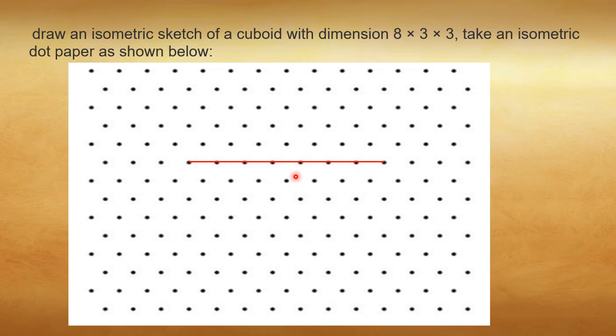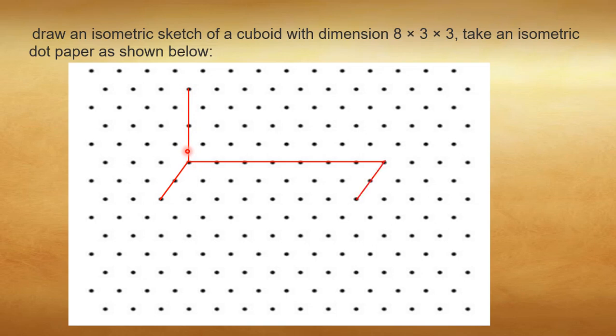That shows the length. Now we will take the 3 dots. So join the 3 dots. So this is the 3 units for the breadth. Now the 3 units for the height. 1 2 3 dots are joined. So this is the 3 units of the height.